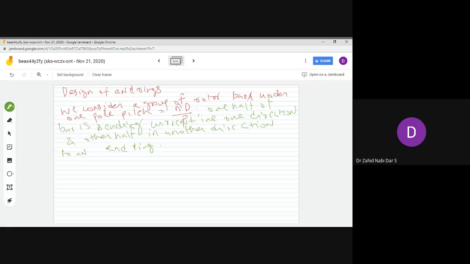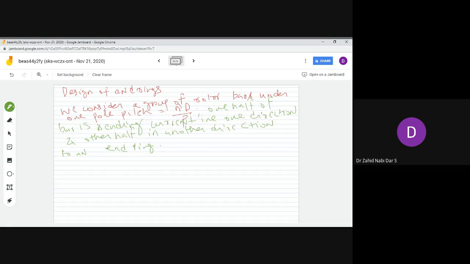So the maximum value of the current in the end ring depends upon the rotor bar current.